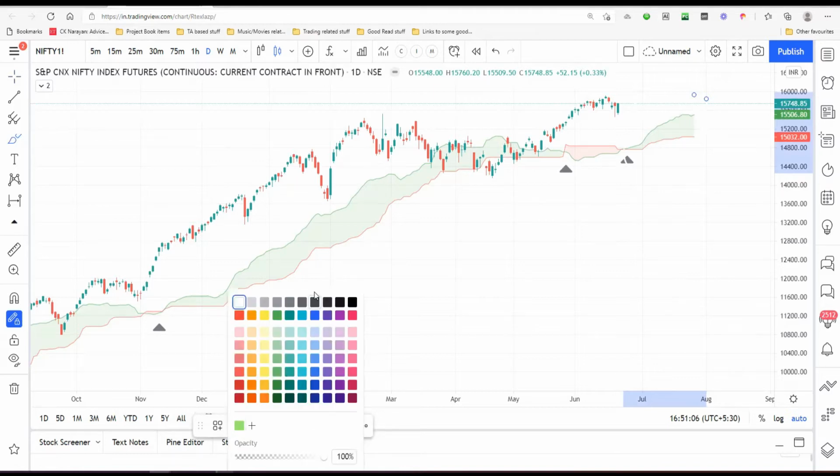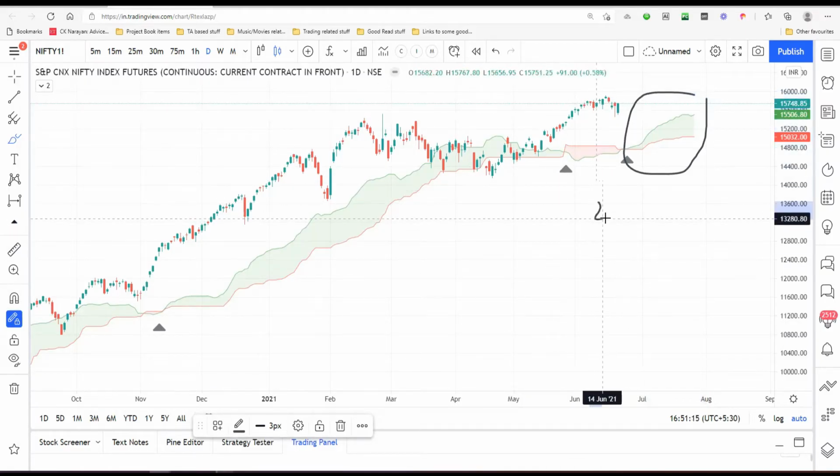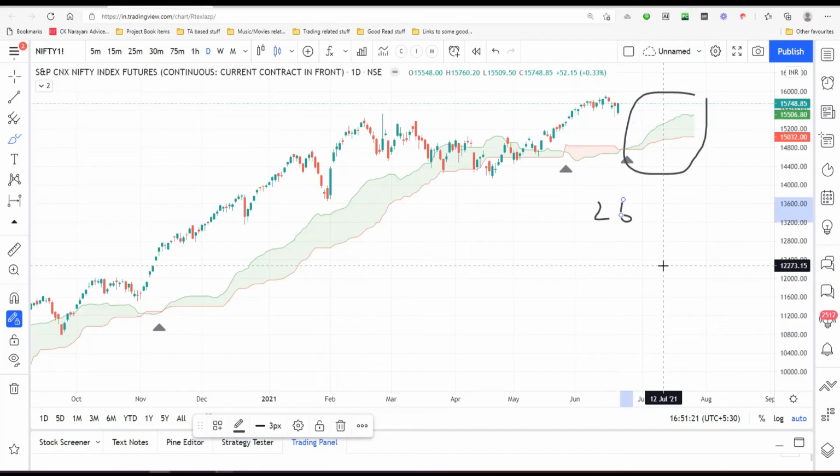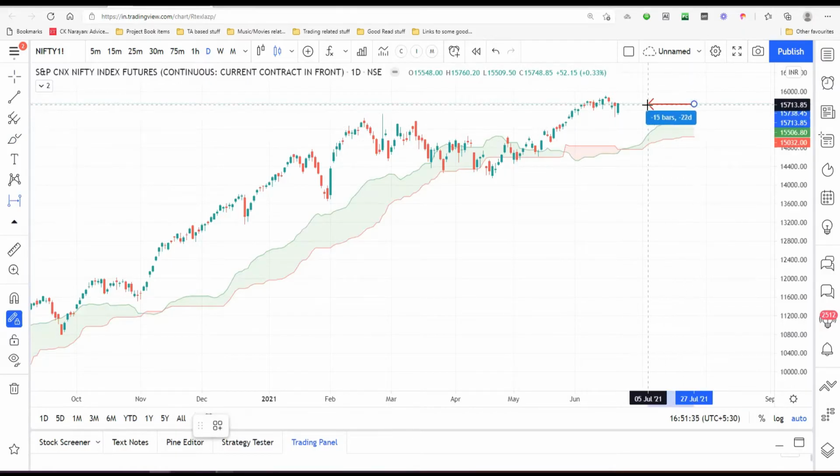This Kumo is 26 days, 26 days into the future. So therefore, the current situation of the Kumo, which is the bullish one, will correspond to 26 bars at the back.